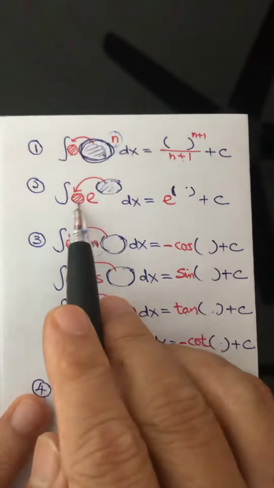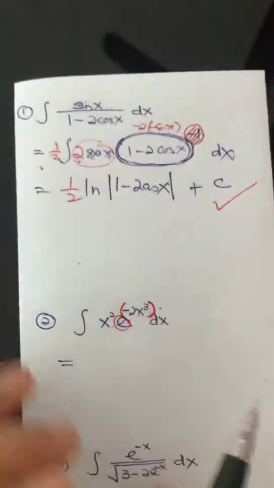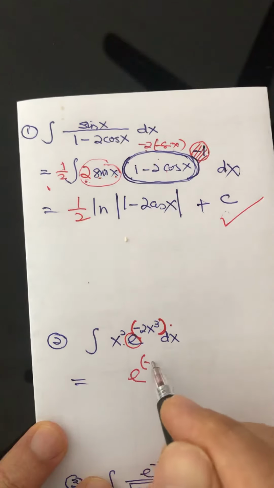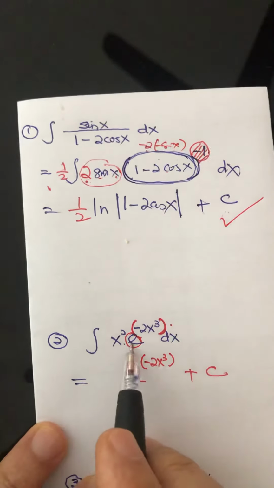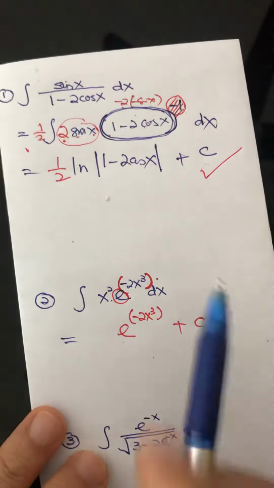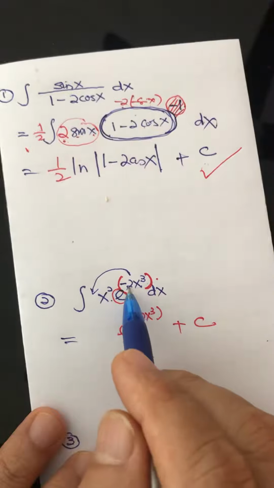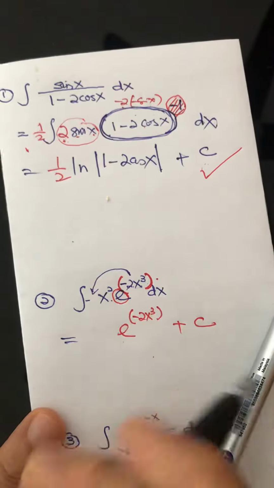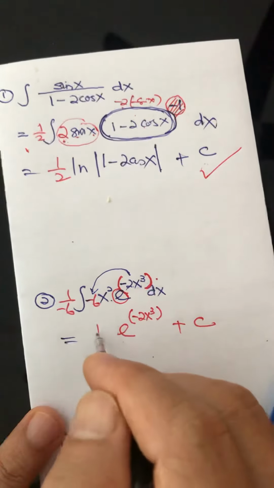It means I'm going to change exponential, and it will become exponential. So when I change this one, I still get exponential, and the bracket is the same, then plus c. Exponential becomes exponential, but you have to differentiate this. When you differentiate this, you get negative 6x squared. So you just add a negative 6, then here you divide by negative 6.